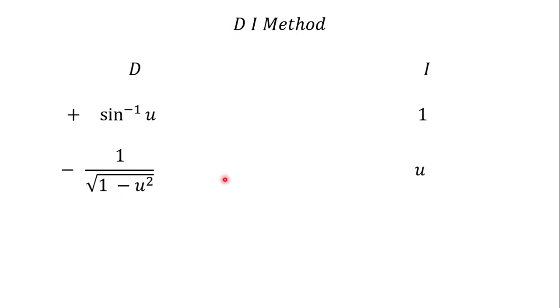So with the DI method, one, we stop when we get 0 in the D column, not here. Here, I don't think you will get 0.